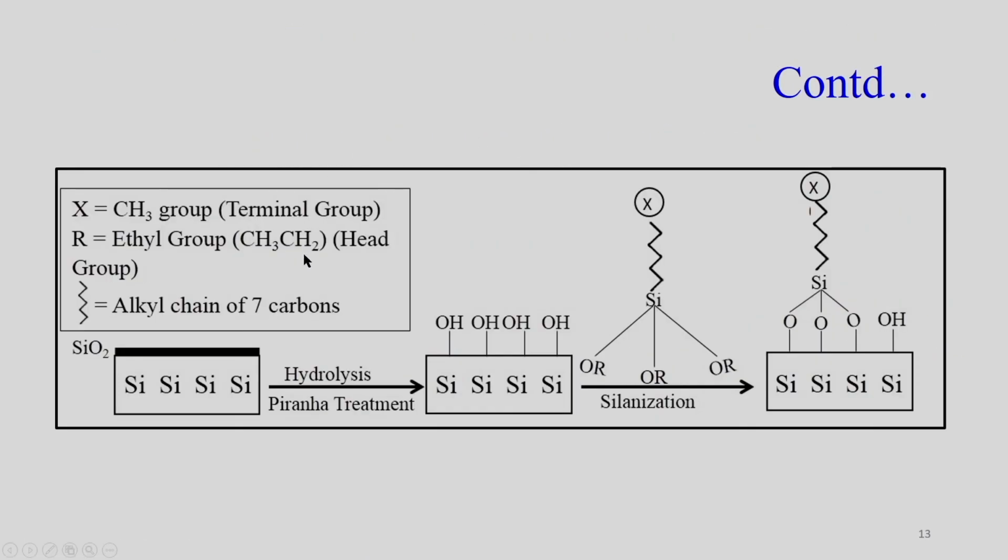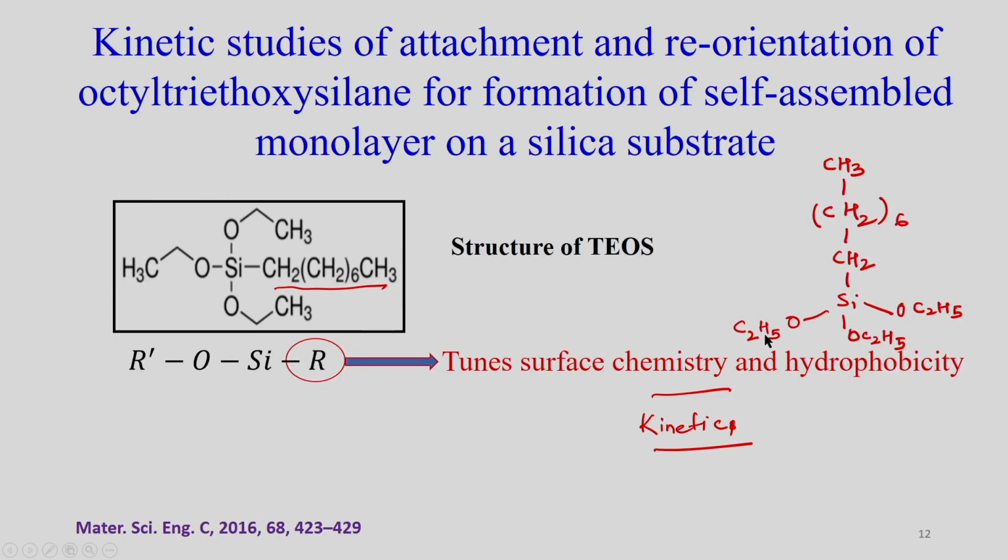So, as I discussed, it has a C2H5 ethyl group, OR. So, it is an ethoxy group, and it is a covalent bond formation. What covalent bond formation is taking place here? It is a Si-O-Si, right. So, with time more Si-O-Si bonds will form.